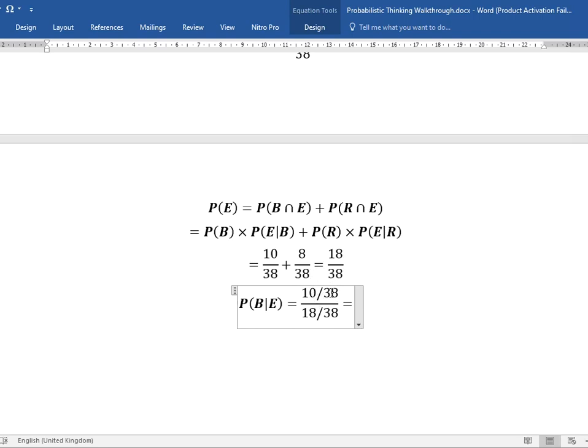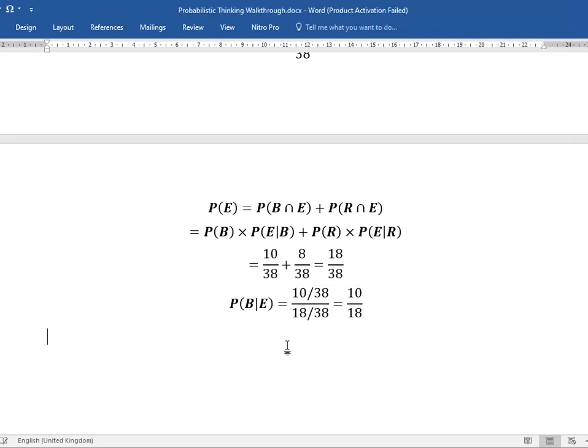It's like multiplying, or you change the direction: this at the bottom comes to the numerator, and this one comes to the denominator. So they cancel out, leaving just 10 over 18, which is 5 over 9 in lowest terms.